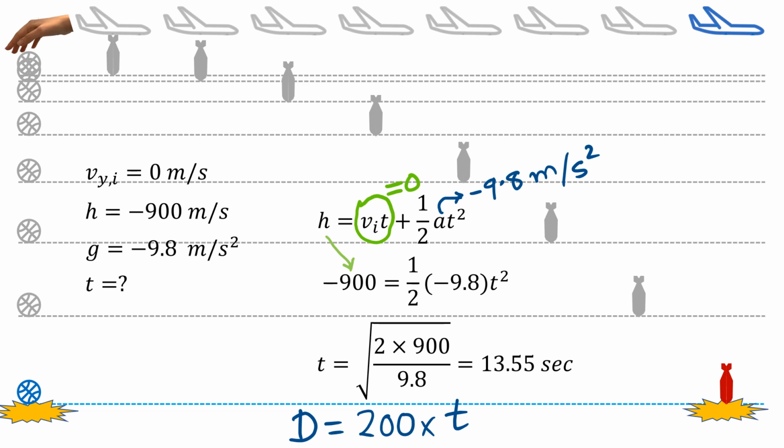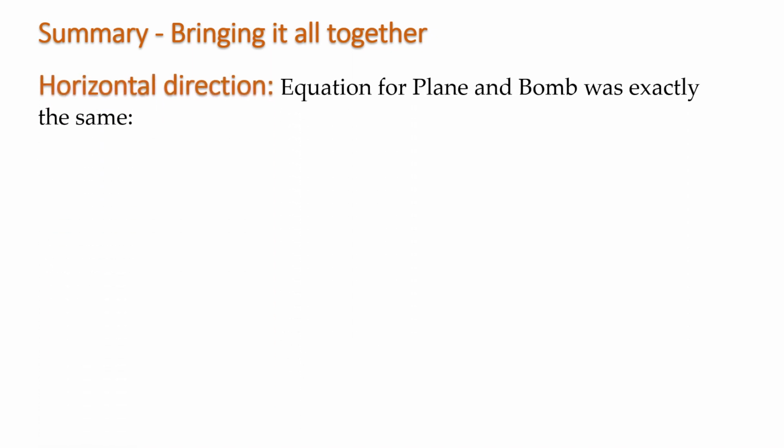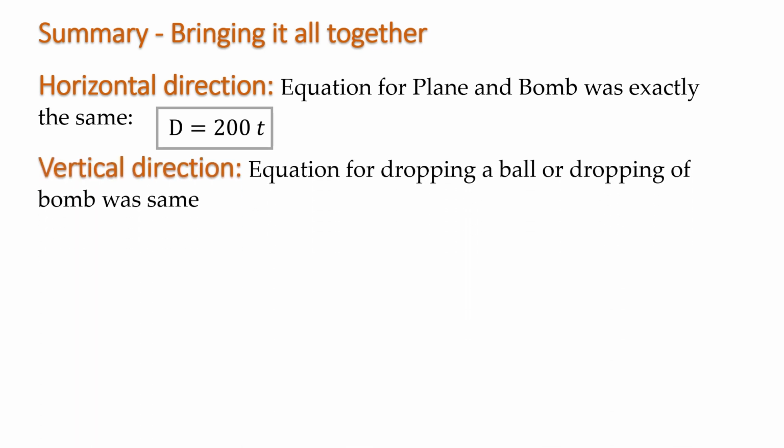Let us summarize again. We bring all things together in this one slide. We saw in the horizontal direction the bomb has a constant speed just like the plane. It was an easy one-dimensional motion and d comes out to be 200 times t. In the vertical direction, the bomb behaves just like dropping of a ball in one-dimensional motion.